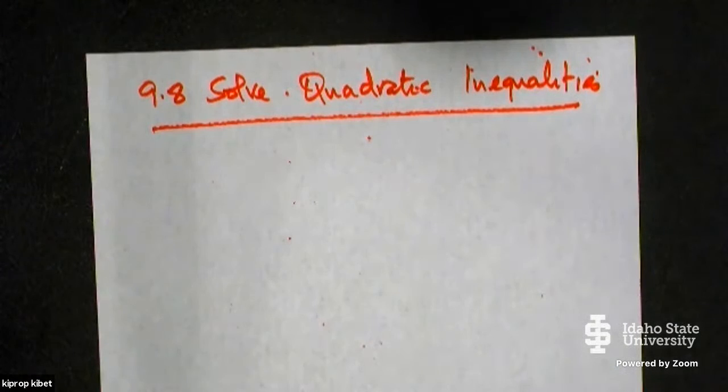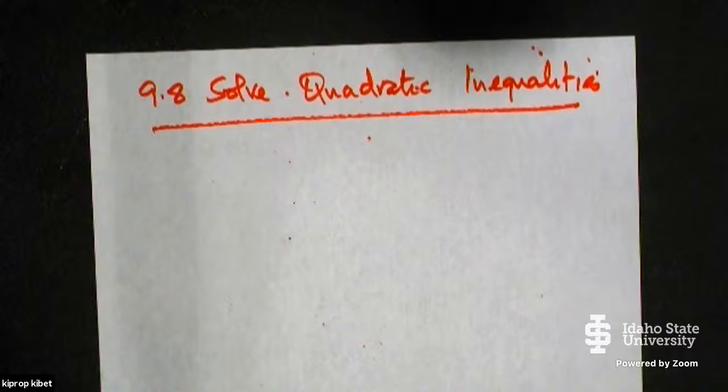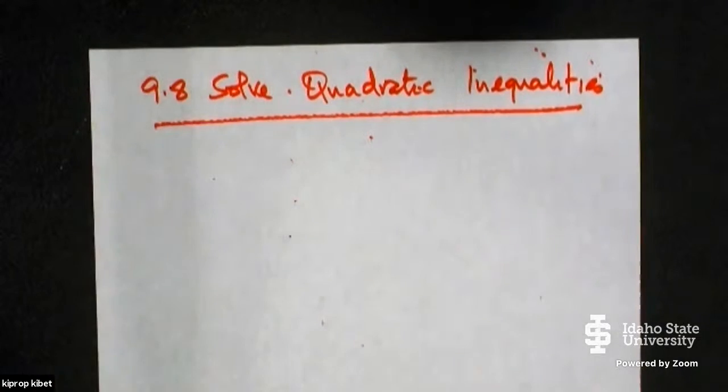We only have one class, right? Which will be on Monday, which will be doing section 11.1 and I think 11.2. And then on Wednesday, I think review, and then we do our exam on Friday, exam 3. All right, so section 9.8, solving quadratic inequalities.